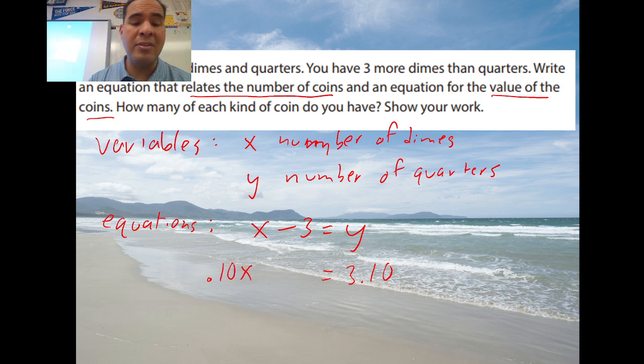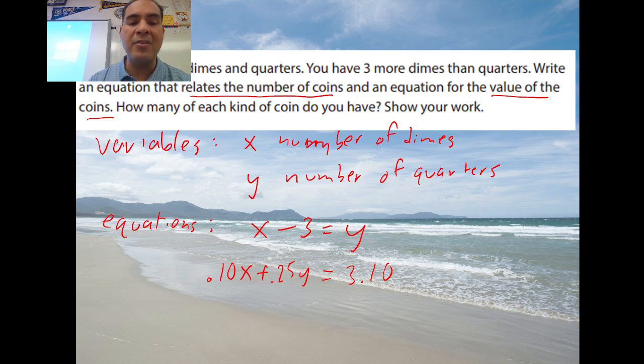So 0.10 or 10 cents times x, the number of dimes, gives me the amount of money in dimes that I have. Then I'm going to create something similar, since I know that 25 cents is 0.25, and the symbol for quarters is y. 0.25y represents the amount of money in quarters, given how many quarters that I have.